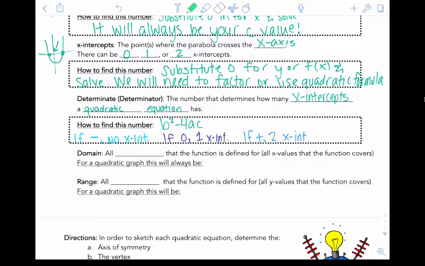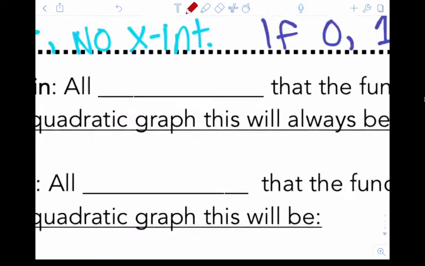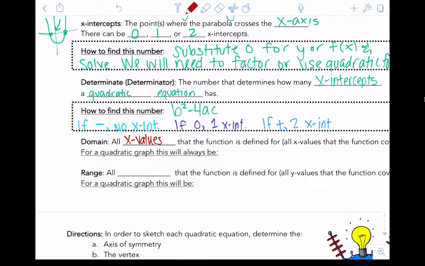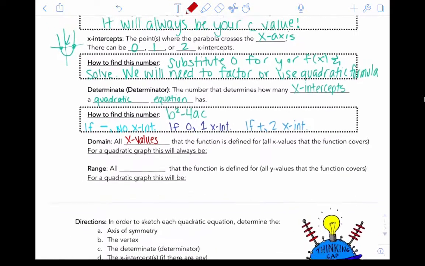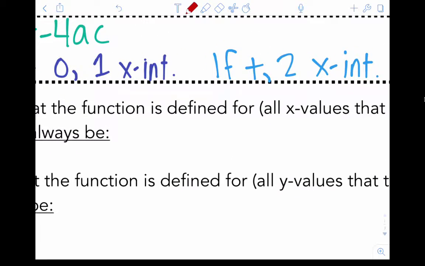Now let's move on to the last part, and that is the domain and range. So the domain is all the x values that the function is defined for. In other words, that's all the x values that the function covers. If we're thinking about a coordinate plane, all the x values are going left to right, so we look left to right. For a quadratic graph, it's always going to be all real numbers.